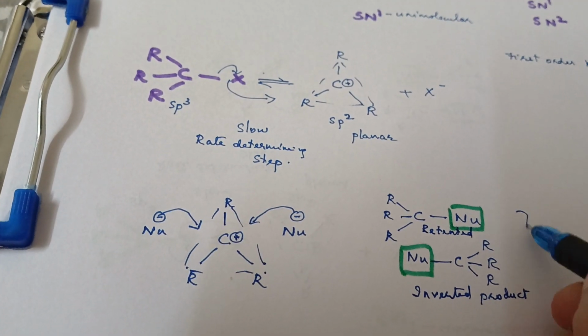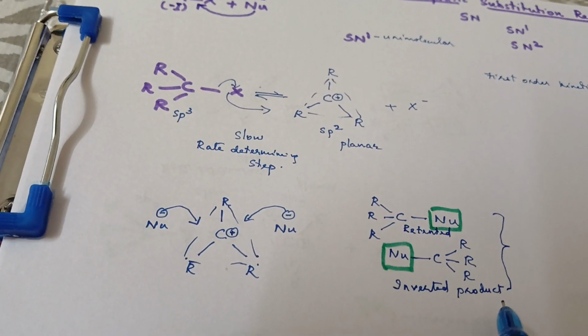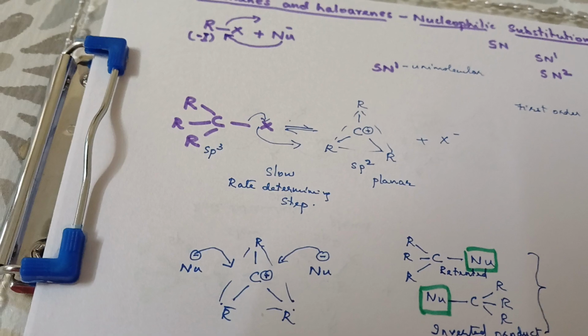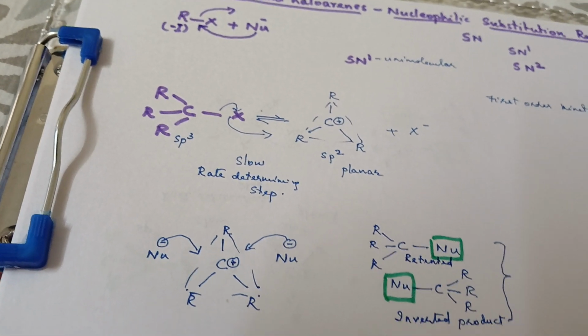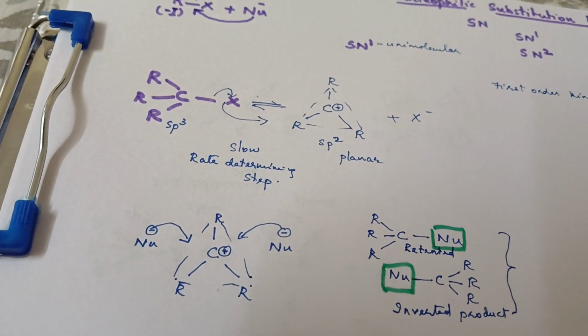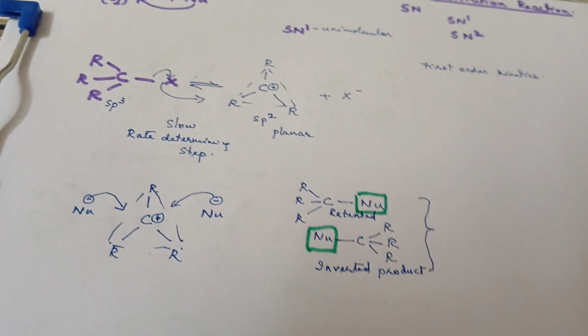So you will be getting a mixture of the retained and inverted product. Or you can call it, because one will be dextrorotatory and the other can be levorotatory, enantiomers. So if it is in equal quantity, you will be getting a racemic mixture.